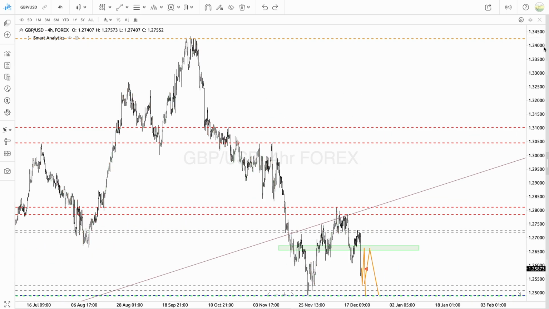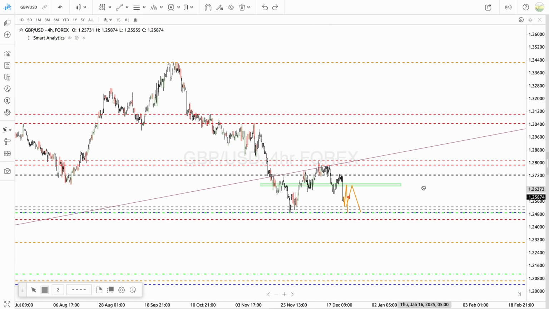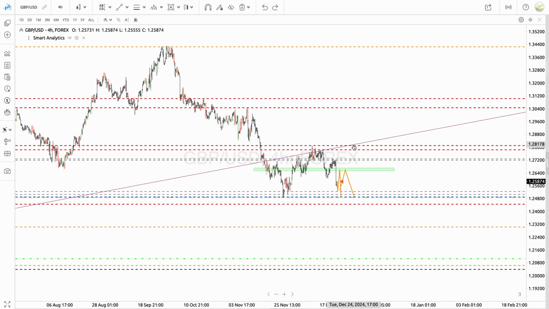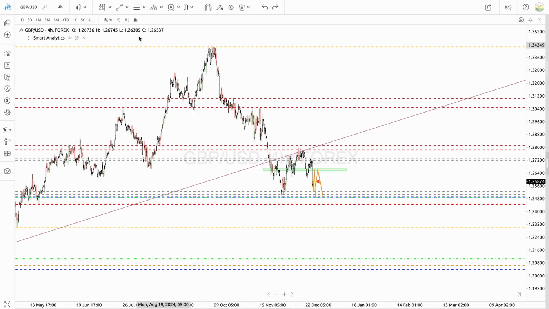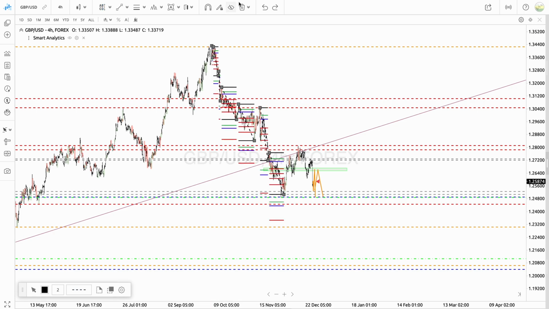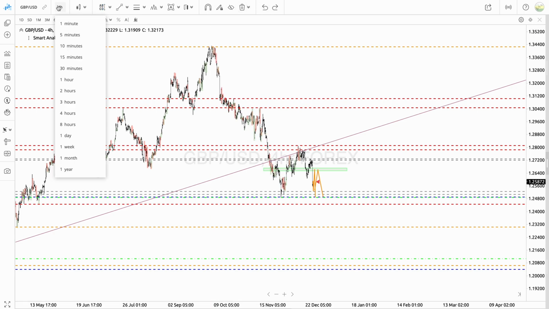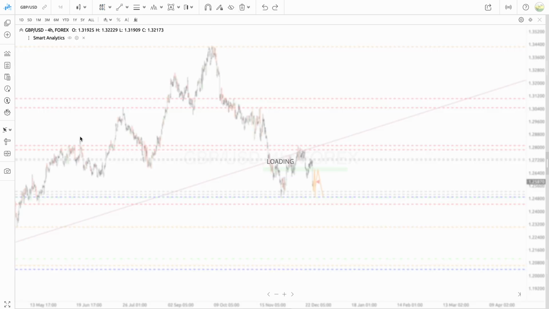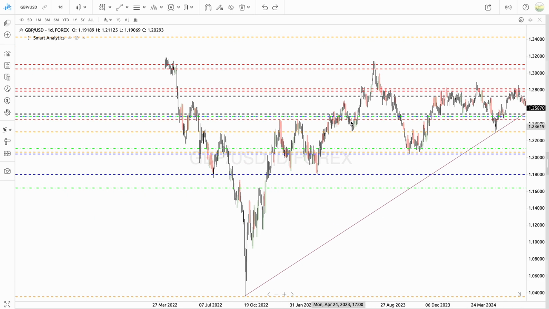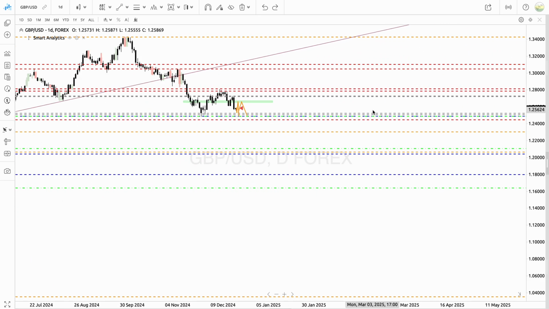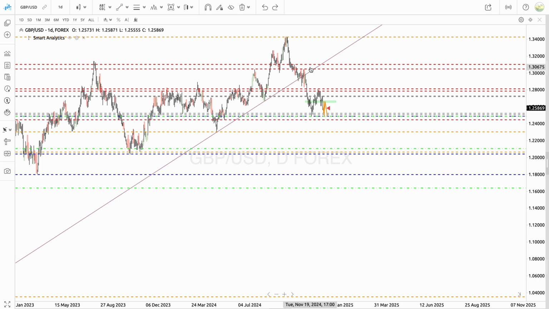But then you got to remember that the big picture is on, it wasn't the 4-hour, or was it? Hold on. You got to remember the big picture and the fact that we broke into the downside on a higher time frame. So my bias is going to be looking for sales. So that was on the daily, I believe. So let me go to the daily.